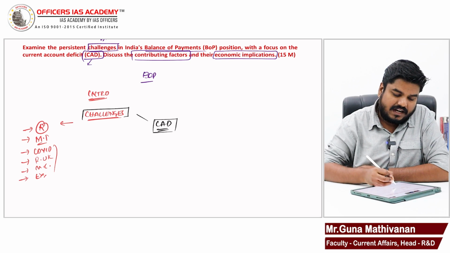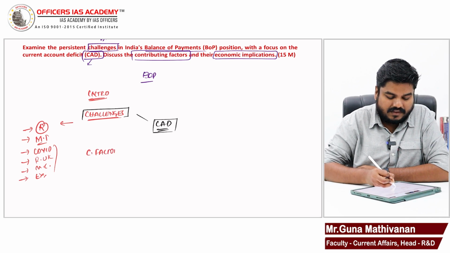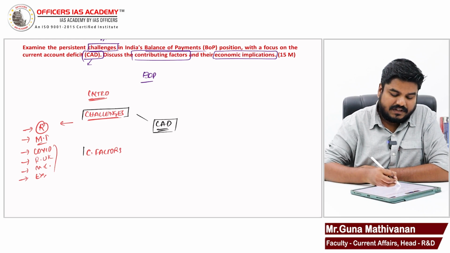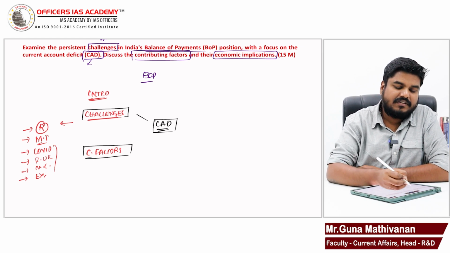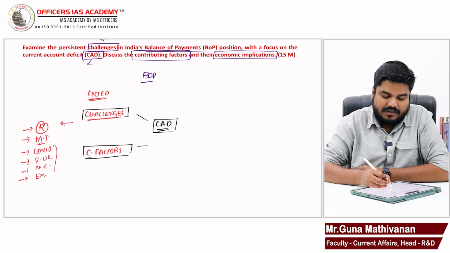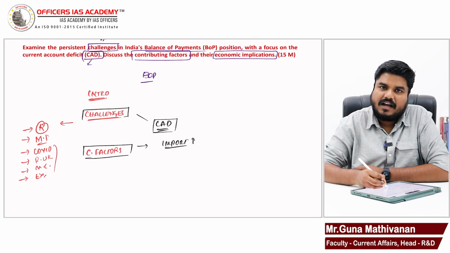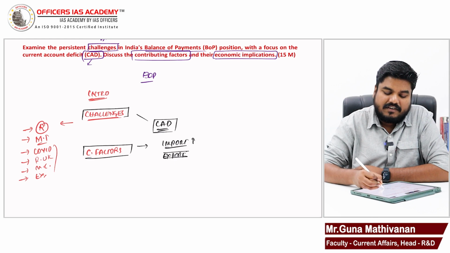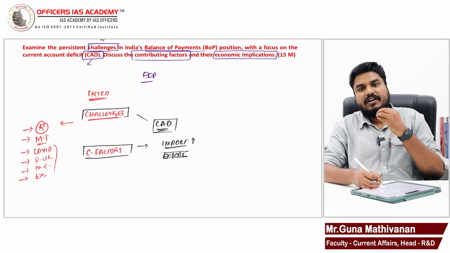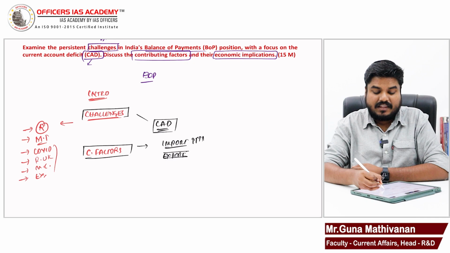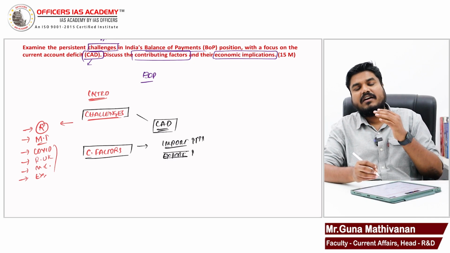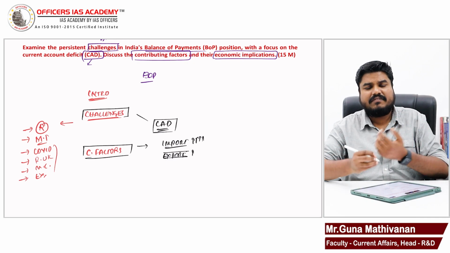Now we are going to highlight the contributing factors. What is actually contributing to this current account deficit? One by one you can say that imports are increasing. Our exports, despite the government's various policy initiatives, are not increasing to that great extent. Import is high, export is increasing, but not to that extent, so we are having a deficit.